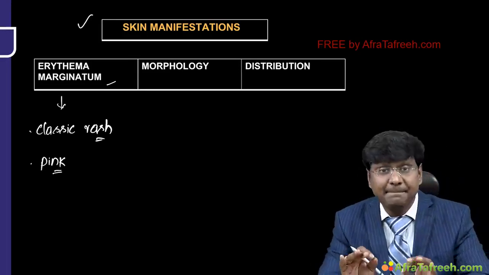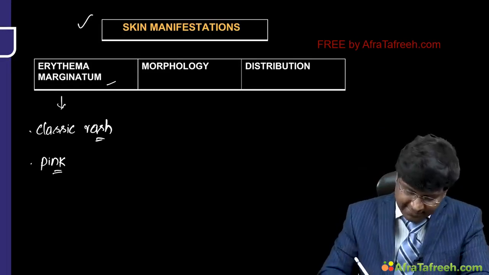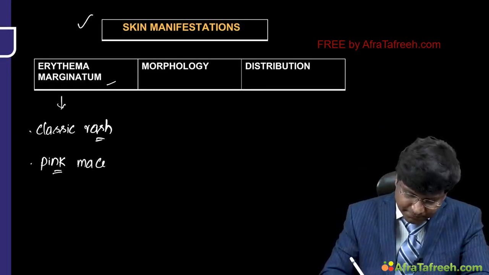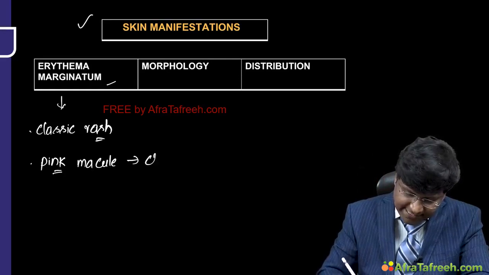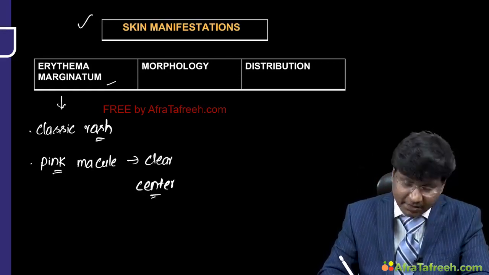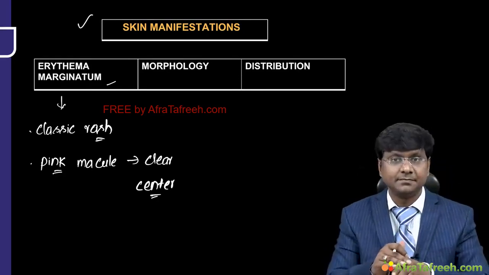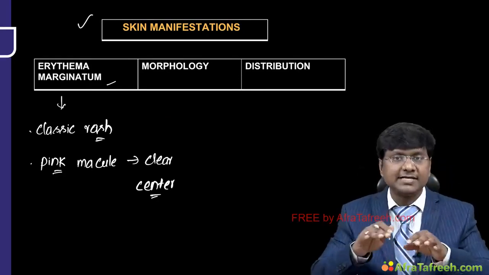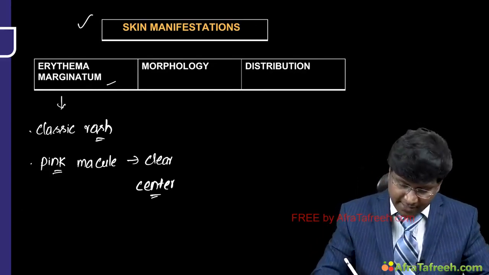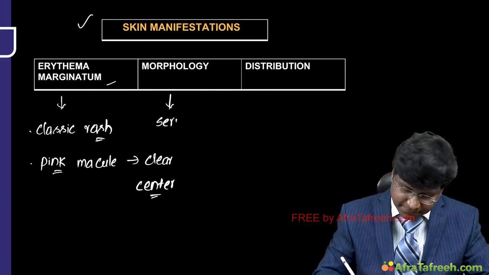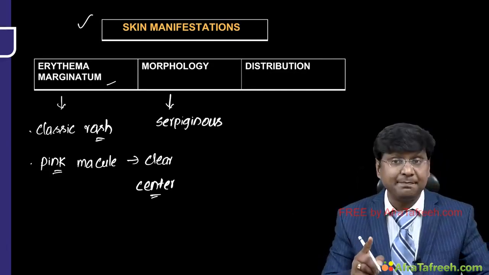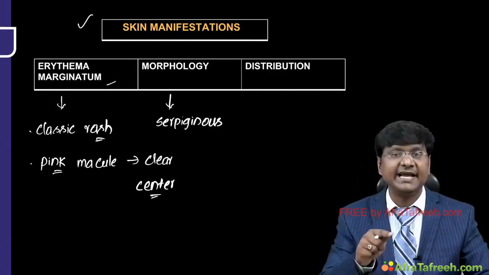It is a pink macule, and this pink macule has a clear center, right? Centrally it is clear, and all around it is pink in color. In morphology, it is serpiginous, with spreading edges.